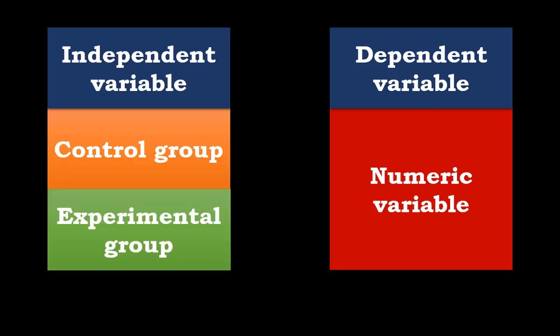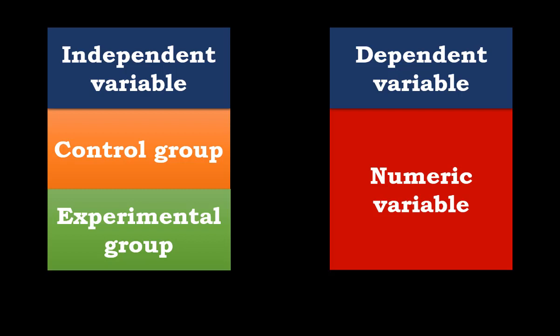So the first type is the type that we use in what is sometimes called randomized control trials or experiments. In experiments, the independent variable has two values, control and experimental.